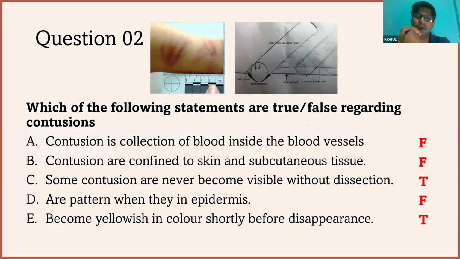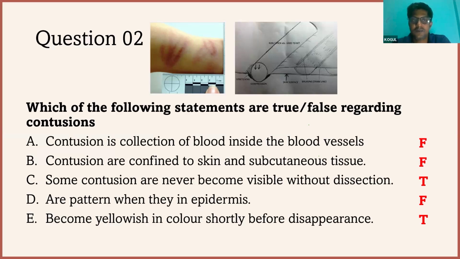That's why you read the sentence clearly, and if you understand the mechanism of contusion, the definition and how it occurs, you can formulate and give the answer. Then you don't miss.